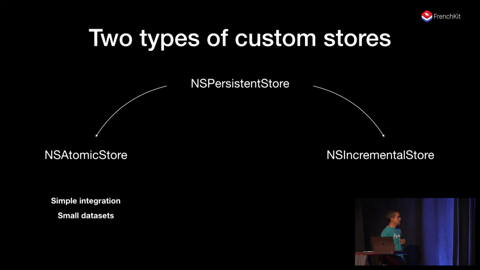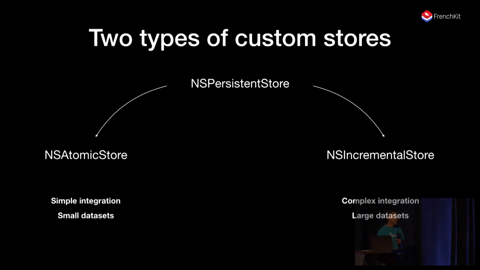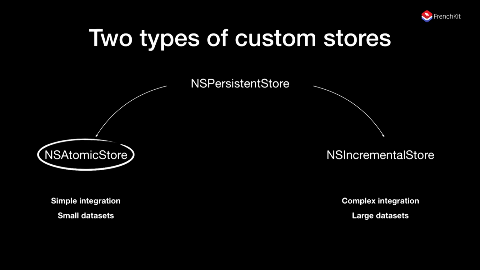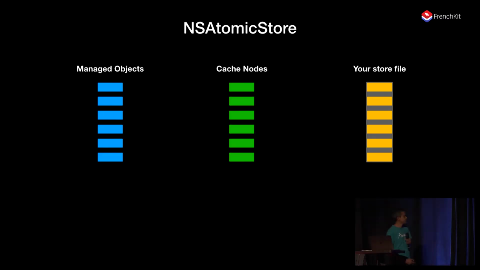NSAtomicStore, the integration's fairly simple, and it's really designed to work with small data sets. NSIncrementalStore is much more complex, and you can incrementally load and save data, so it can work with very large data sets. So let's have a quick look at NSAtomicStore.